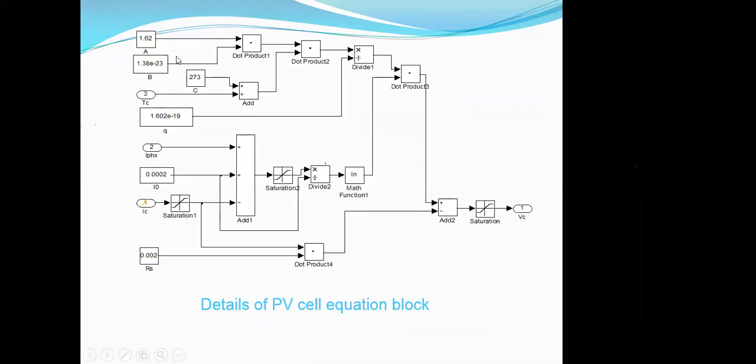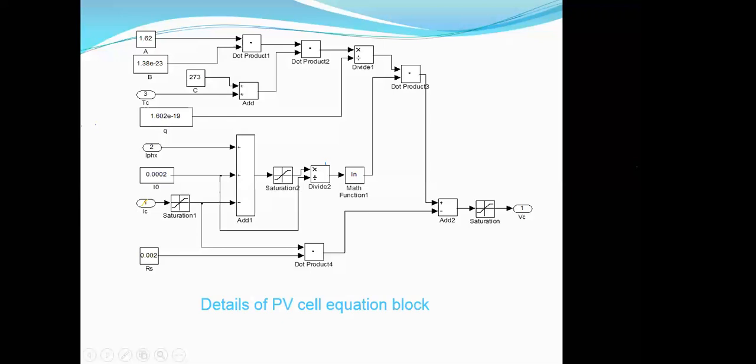And the voltage equation you might have seen: this is A, this is K, the Boltzmann constant, and TC, the temperature, to which 273 is added to convert it to Kelvin. They are multiplied, A into K into TC, and divided by Q, the charge of the electron, 1.602 into 10 to the minus 19.